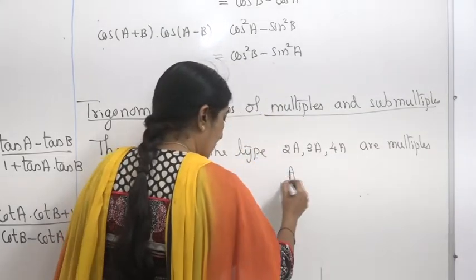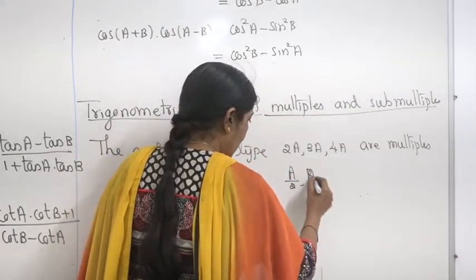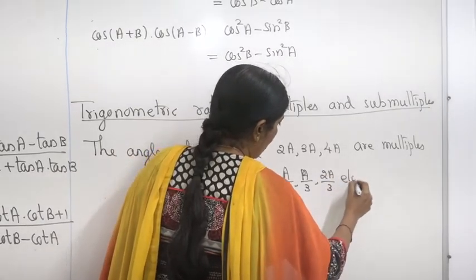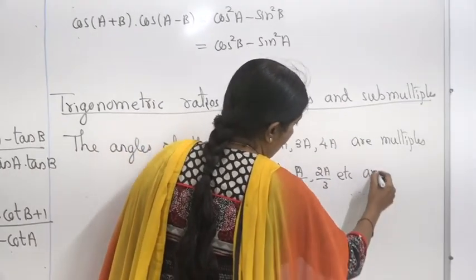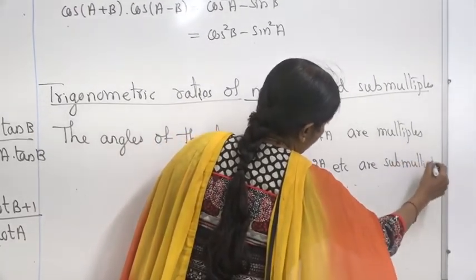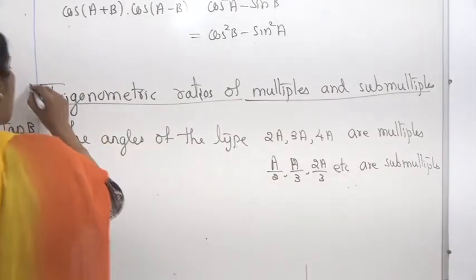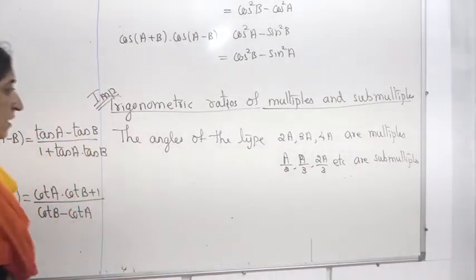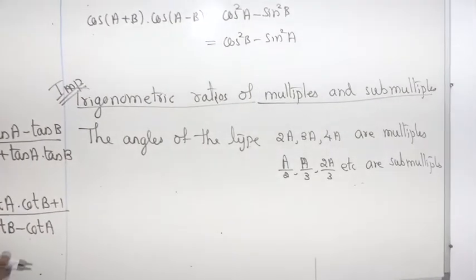And A/2, A/3, 2A/3, etc., the remaining ones, are called submultiples. Remember they are very important, because there is one basic principle. If you know that basic principle, then it is very simple.